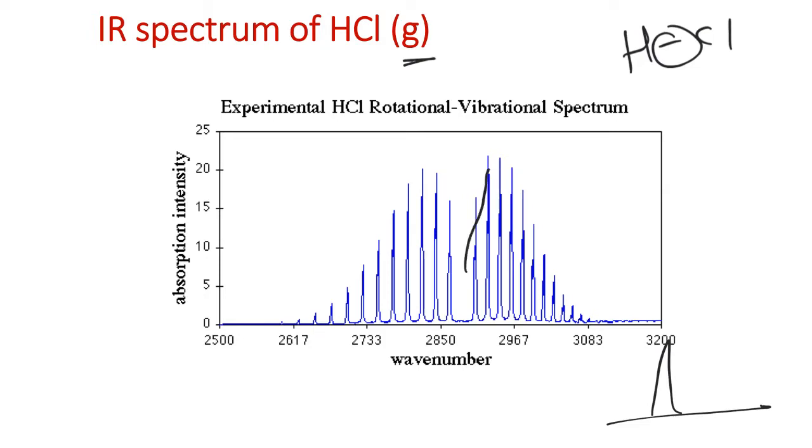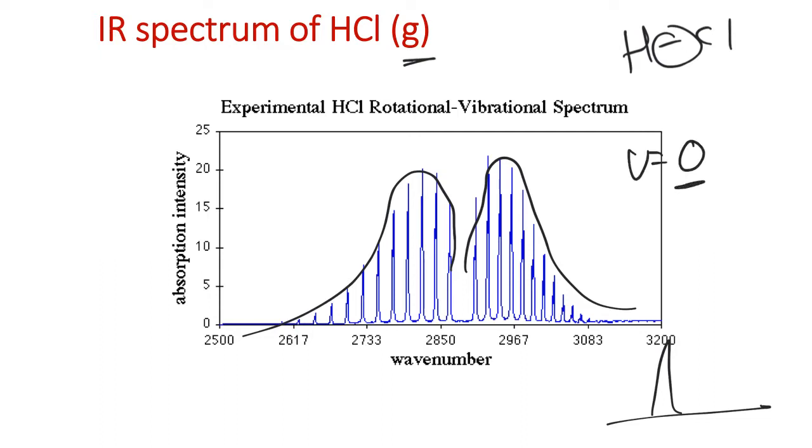What we're going to see is that we get two different branches of our spectrum that emerge due to our ability, with this small molecule in the gas phase, to resolve the individual transitions from particular vibrational rotational states to other vibrational rotational states. So you can imagine probably one of the most stable states, or the most stable state, would have a vibrational quantum number of 0 and a rotational quantum number of 0.